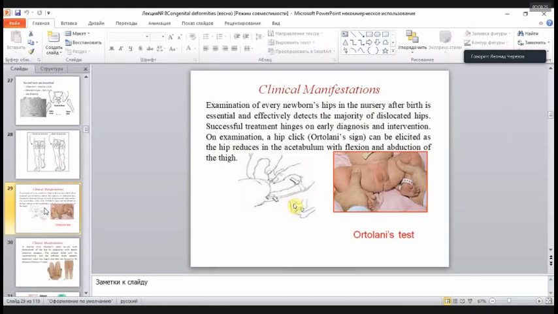On examination, a hip click, the Ortolani sign, is elicited as the hip is reduced into the acetabulum with flexion and abduction of the thigh.